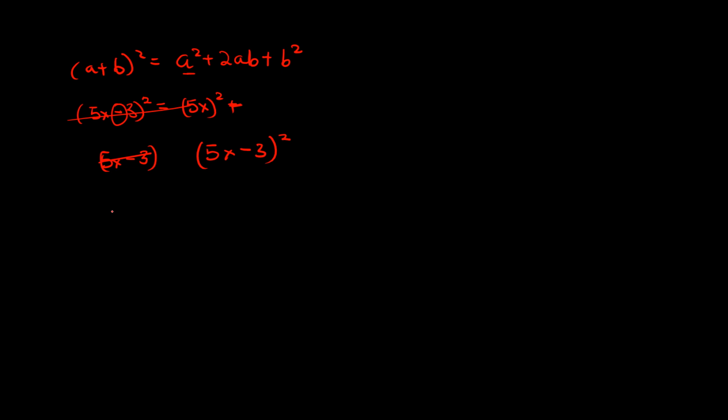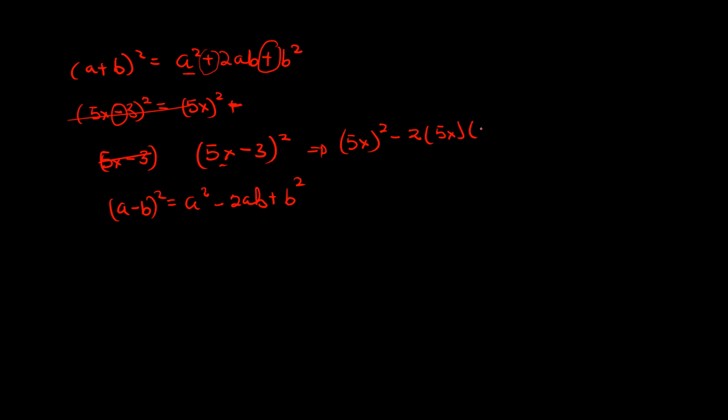We should know that (a minus b) all squared is a squared minus 2ab plus b squared. Notice I had the plus at the end. So (5x minus 3) all squared is (5x) squared minus 2 times 5x times 3, plus 3 squared.